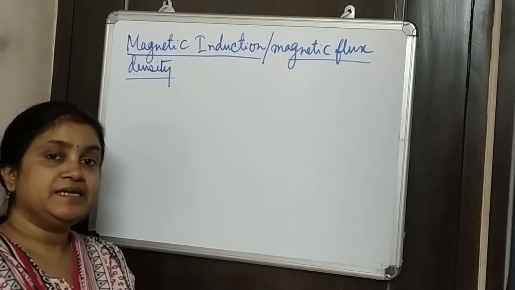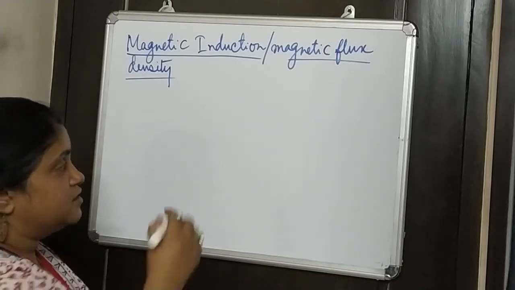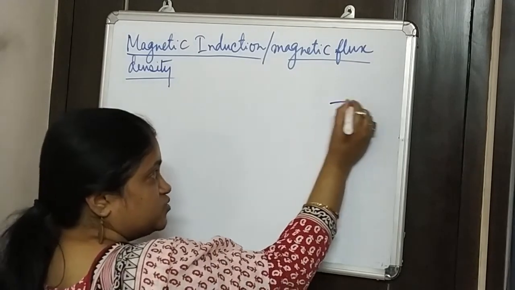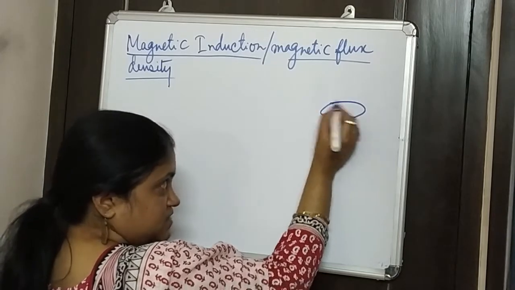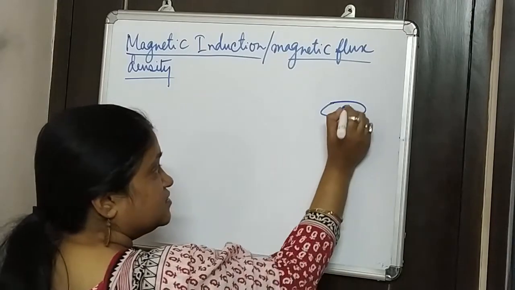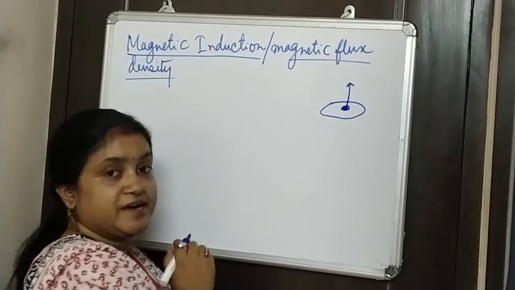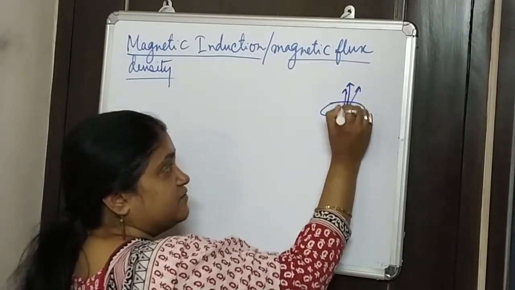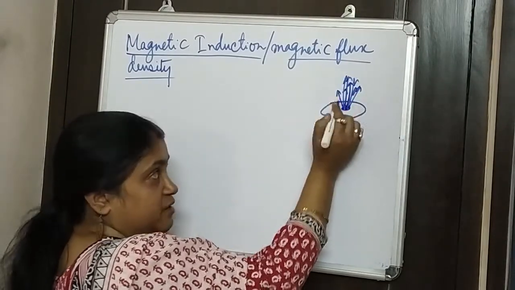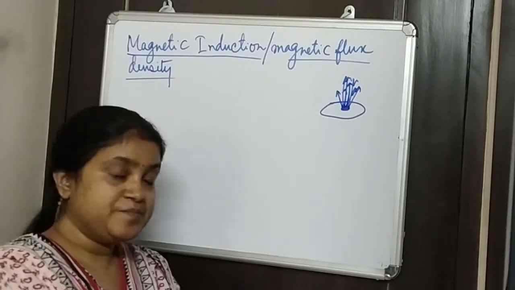Induction or magnetic flux density. As we already know, suppose I take a very small area on a surface, and in that unit area, in the perpendicular direction, not at any other angle but normal to the surface, how many magnetic field lines are there?